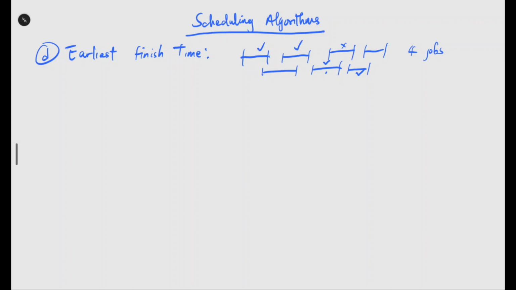Will this method work all the time? That's the question we want to ask. If you say yes, why would it work all the time? If you say no, why won't it work all the time? So I think this method will work all the time, because it has the least number of conflicts.